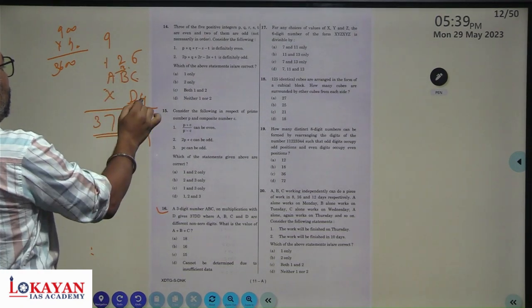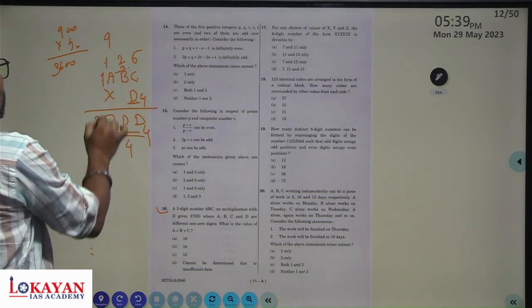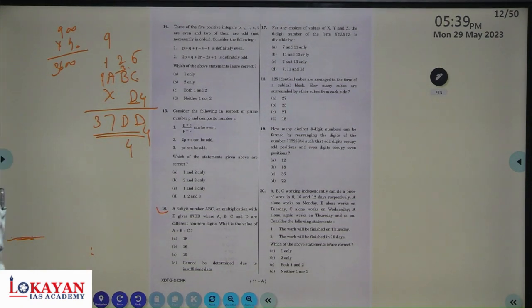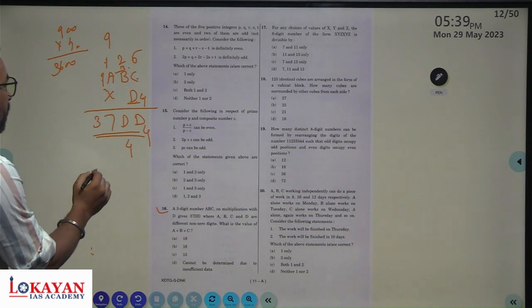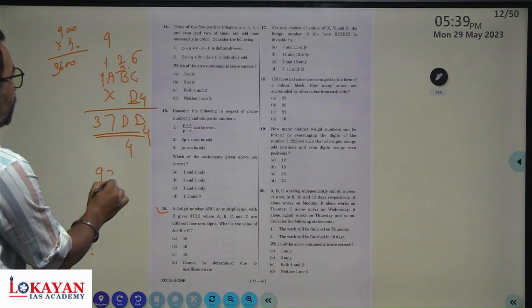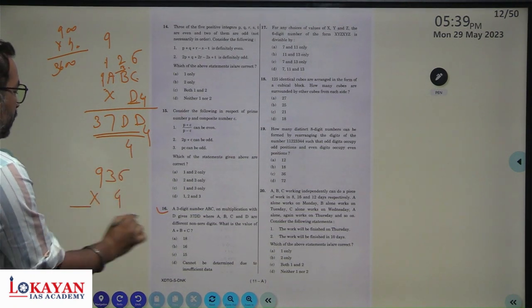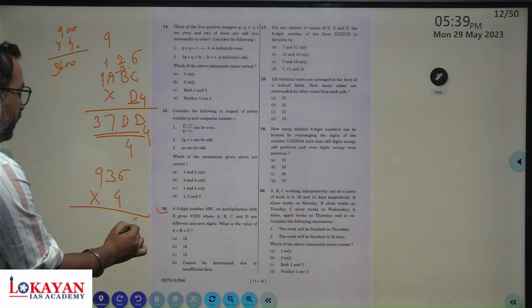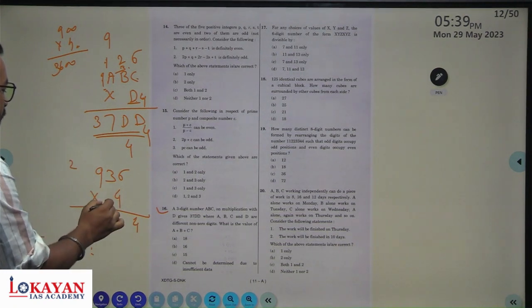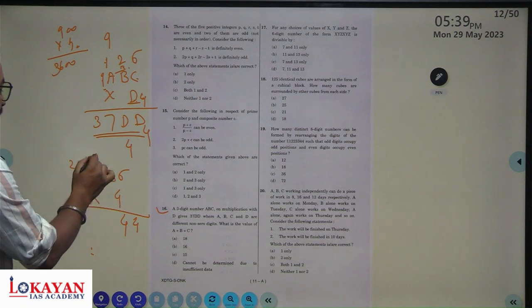Carry will be 1, 4, and A will be 9. So 4 9s are 36 plus 1, 37. Right? So ABC became 936, and D became 4. So that will give me 4 6s are 24, 4 3s are 12, and 4 9s are 36.